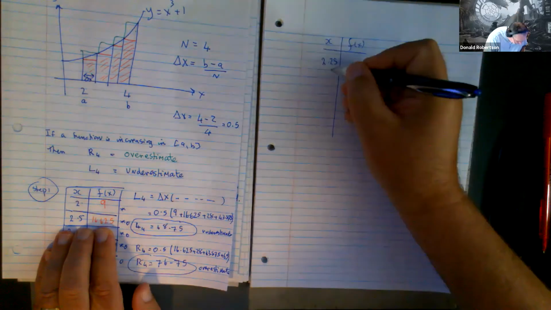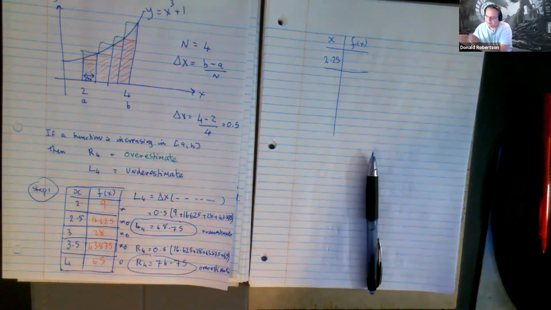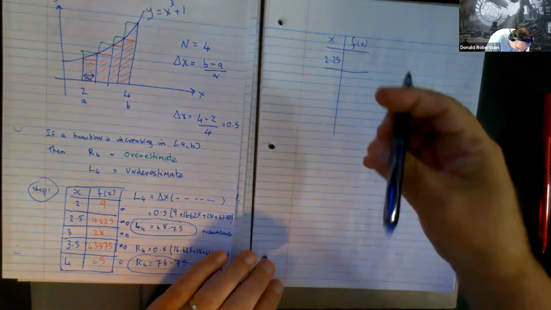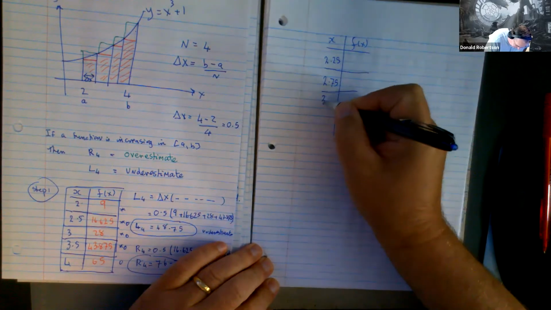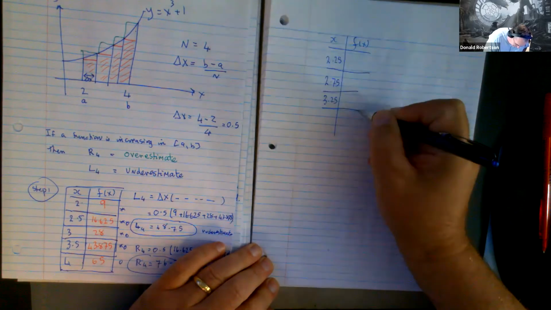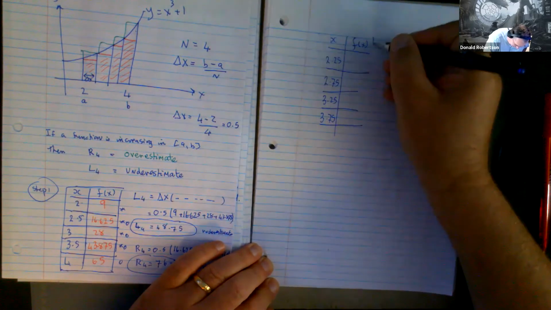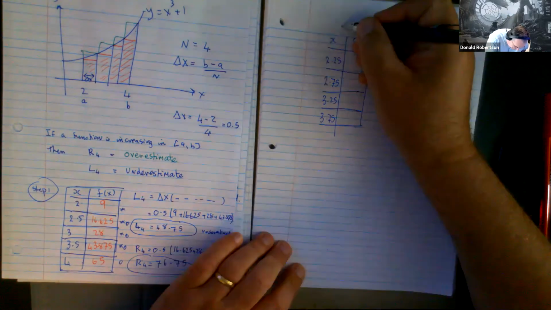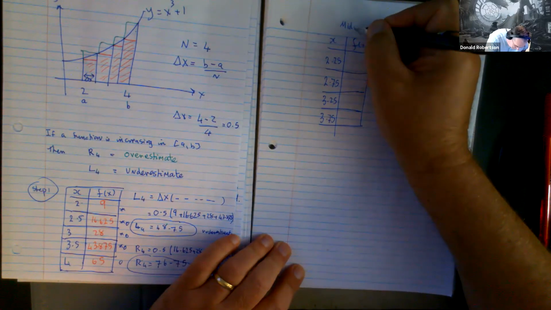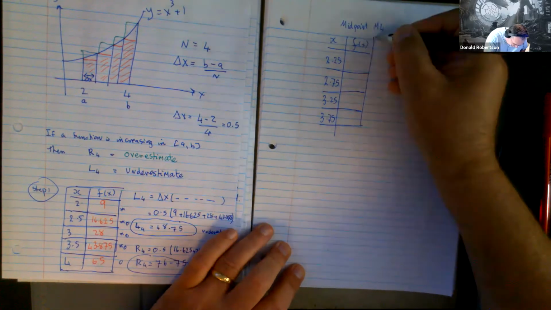Now, the good news is that the strips are still going to be delta x wide. Great. So that means that the next number is just add 0.5, just add 0.5, and just add 0.5. Do you see that when you do a midpoint, you have to create a new table?